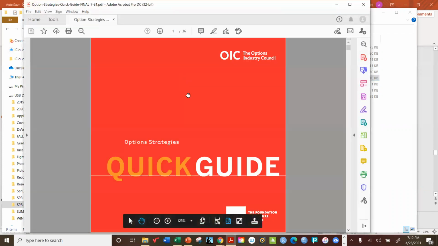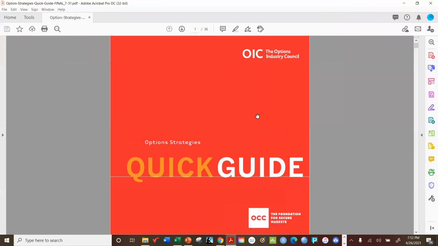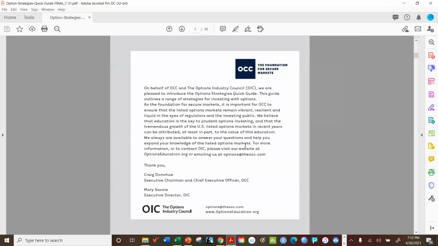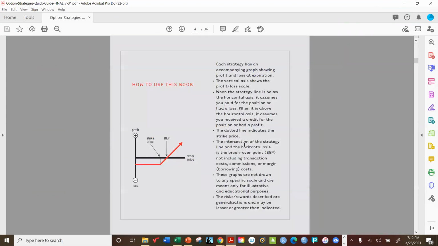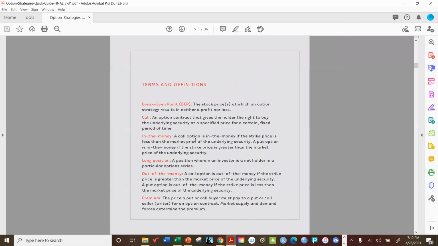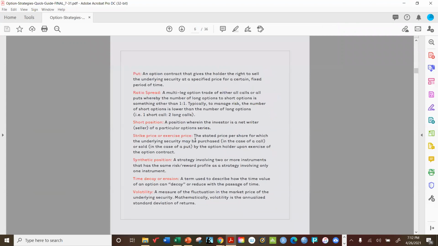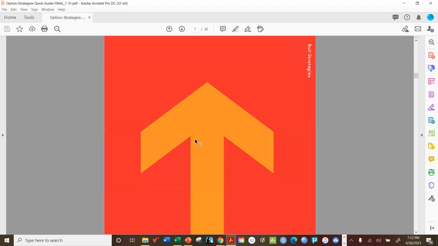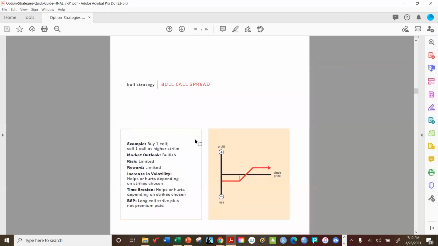This is an organization called the Options Industry Council, and they're there to teach people how to use options, basically. What they've got in this document, which I forgot to send to you, I'll take care of that tonight, is they've put together a very large number of different strategies that can be employed with these different combinations of options.